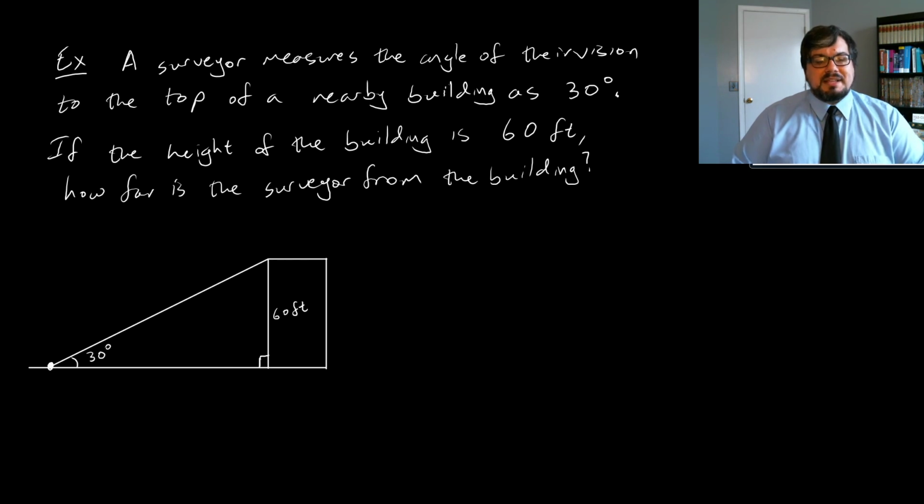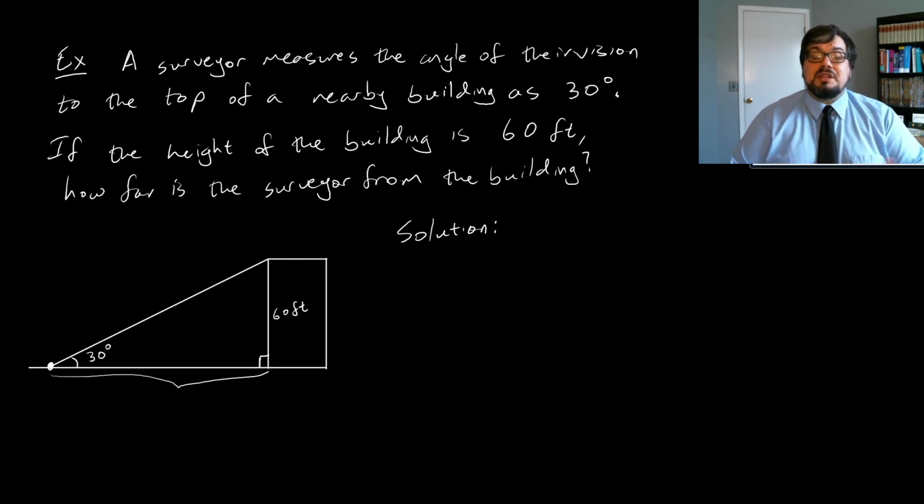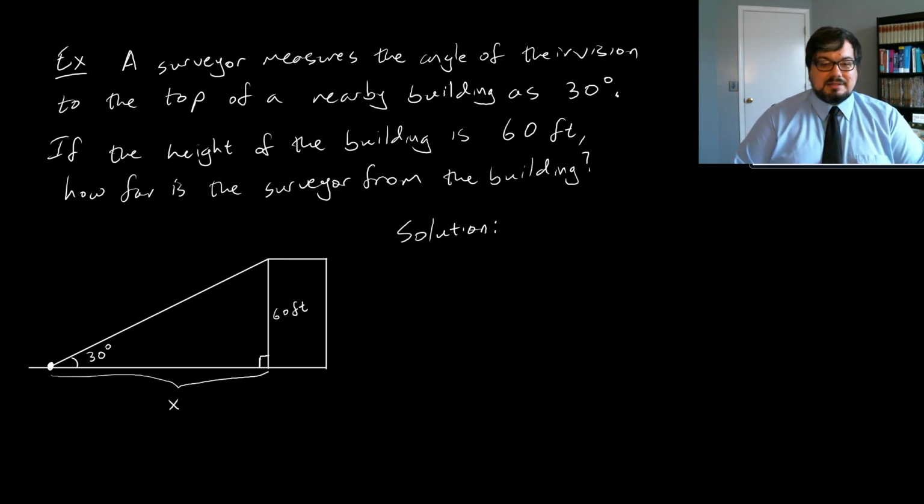So the problem is asking for what's the distance from the surveyor to the building. In other words, what's this distance? As always, when we're working a problem, we want to give names to the unknown quantities that we're trying to find. So let's call this distance x. We'll say it's x feet.